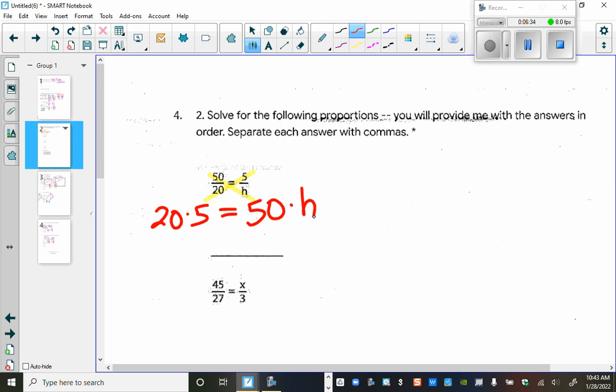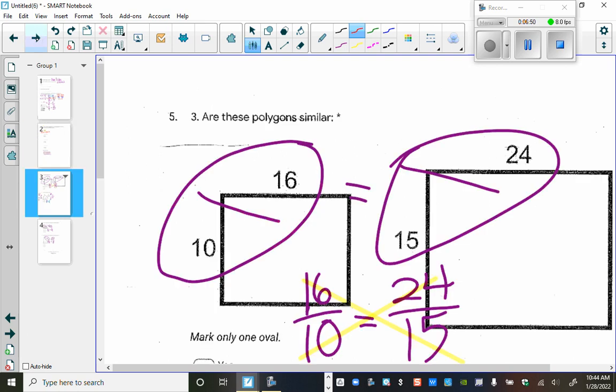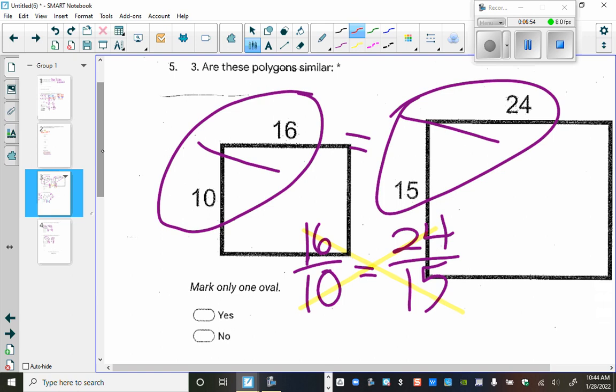Now, to take care of the last set of problems, I'm going to show you the quickest possible way. I'm going to call it the cheapest way. And it's the following. Here's what you're going to do. You are going to set up your two ratios.